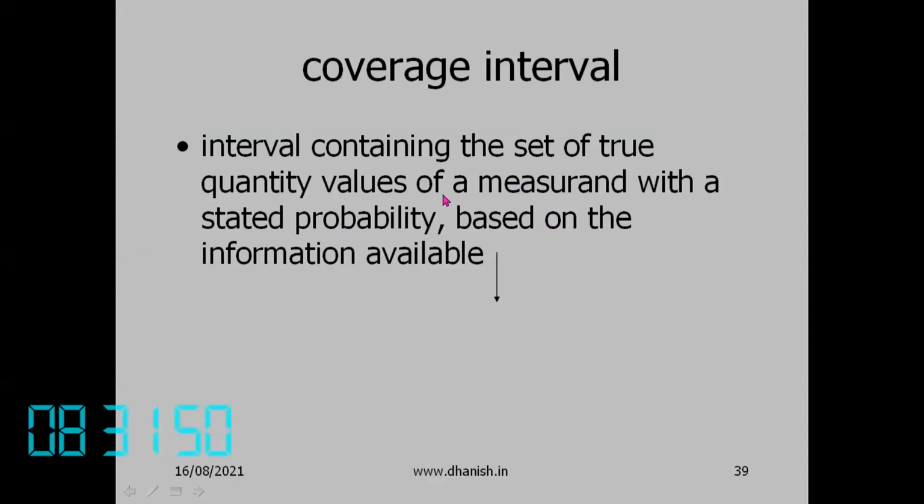So this is some interval which contains all possible true quantity values with some probability. We can have a coverage interval with 90% probability or 95% probability or 99% probability, etc. And of course, when more information becomes available, it may change. That is the problem with this coverage interval.